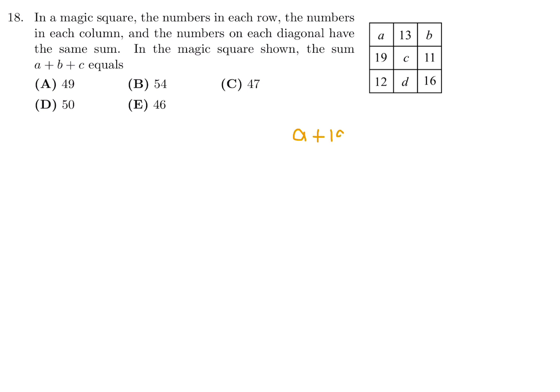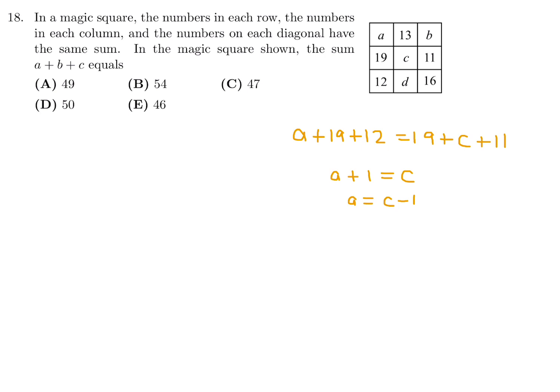So A plus 19 plus 12 is the same as 19 plus C plus 11 because all the rows and the columns have the same sum. So this means that A plus 1 is equal to C. That's pretty much all we can get there. Or if you want to write it, A is equal to C minus 1.